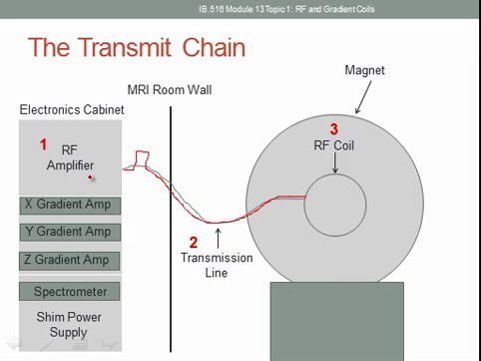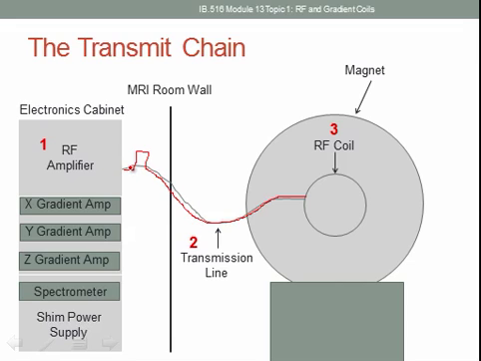what is typically called the characteristic impedance. That means the impedance of the amplifier has to match the characteristic impedance of this wire. In addition, the impedance of the RF coil has to match the impedance of this transmission line.